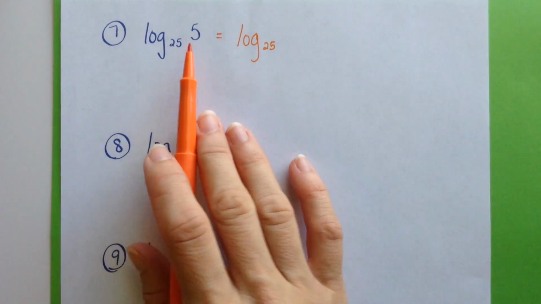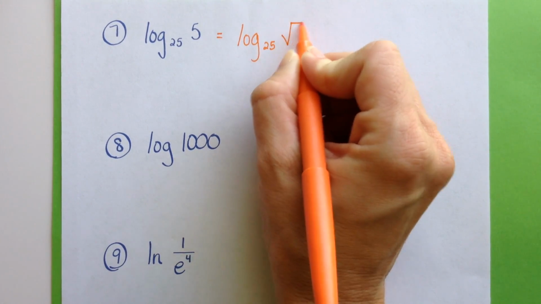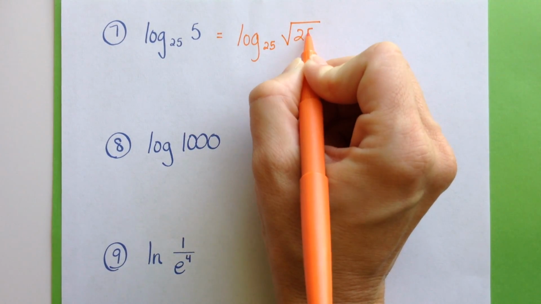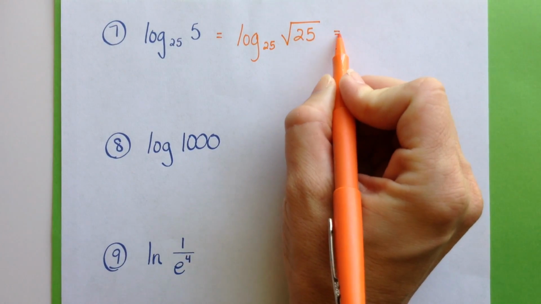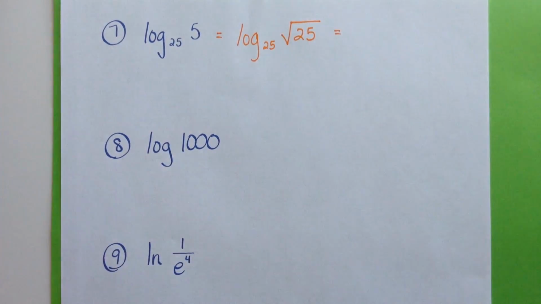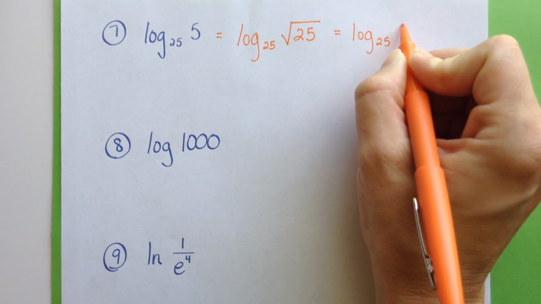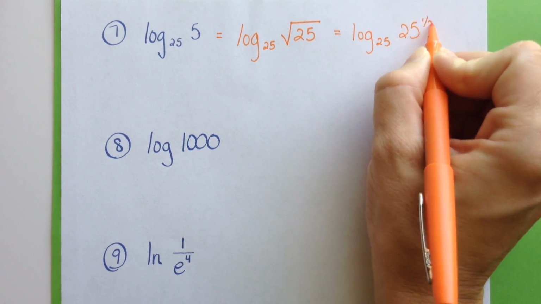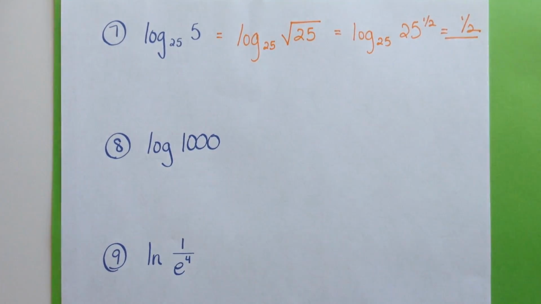The way that this is going to work is, and I'm going to again take 2 steps, I'm going to rewrite 5 as the square root of 25, because the square root of 25 is 5. So those are equivalent expressions. Now what I did on the previous problem, where I rewrote the radical, this would be the same thing as 25 to the 1/2 power. So now my answer is 1/2.